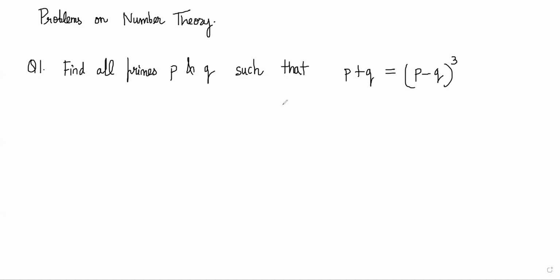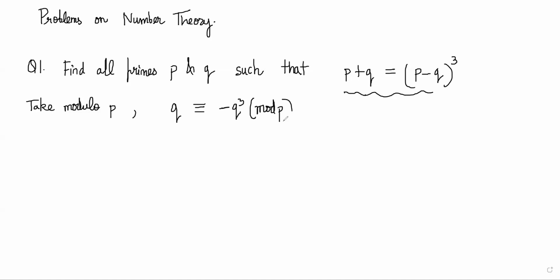Okay. So the first step in these types of questions is always to think about taking modulo a particular number. Here, since we are using primes P and Q, my first idea could be take modulo P. If you take modulo P on both sides of this equation, you will end up with Q is congruent to minus Q cube modulo P. Why?